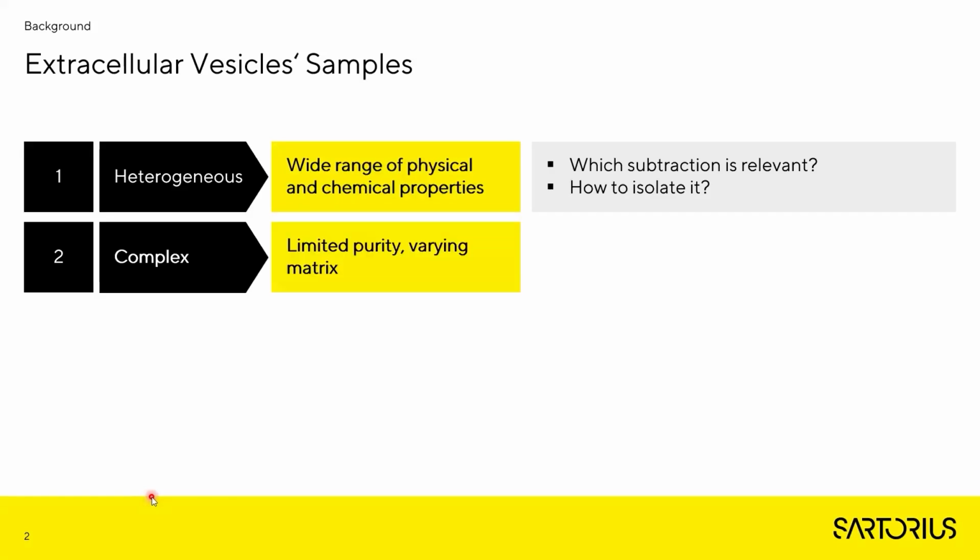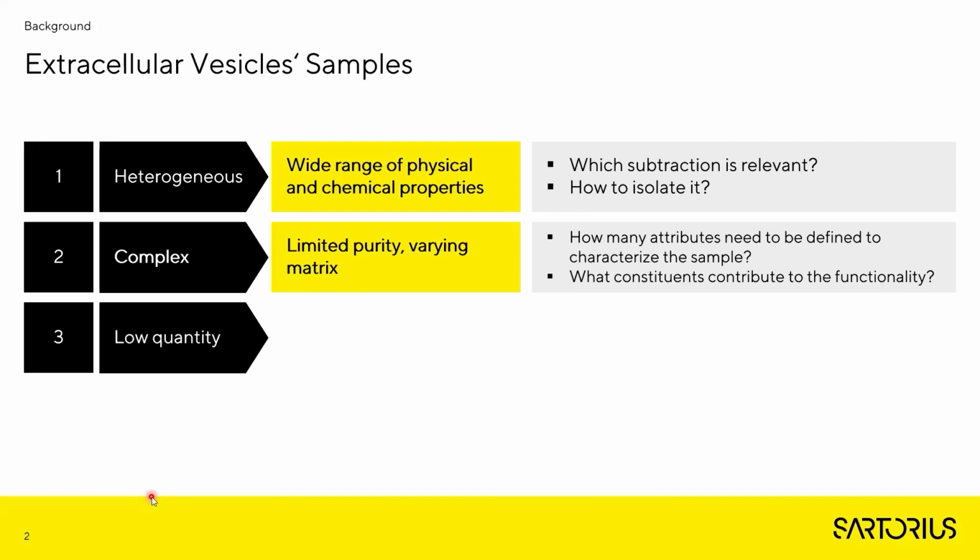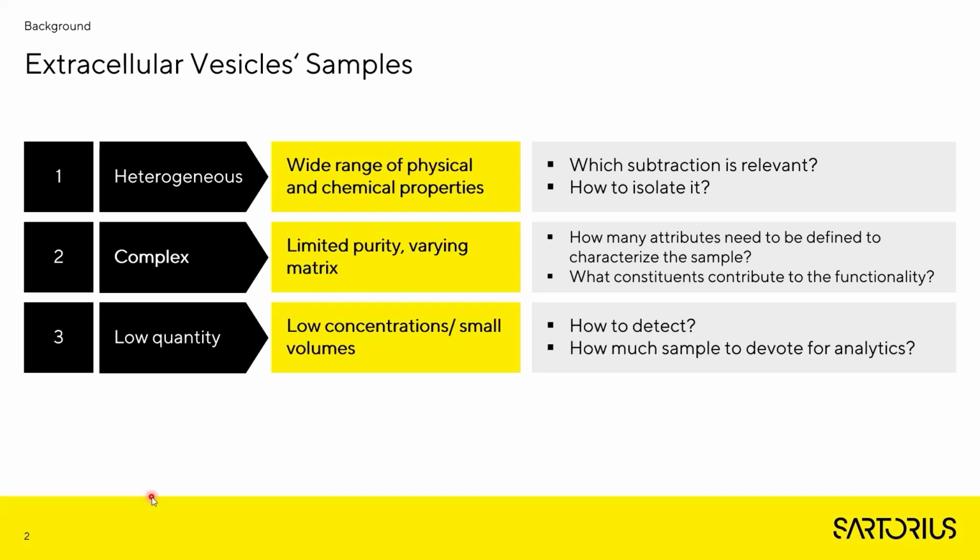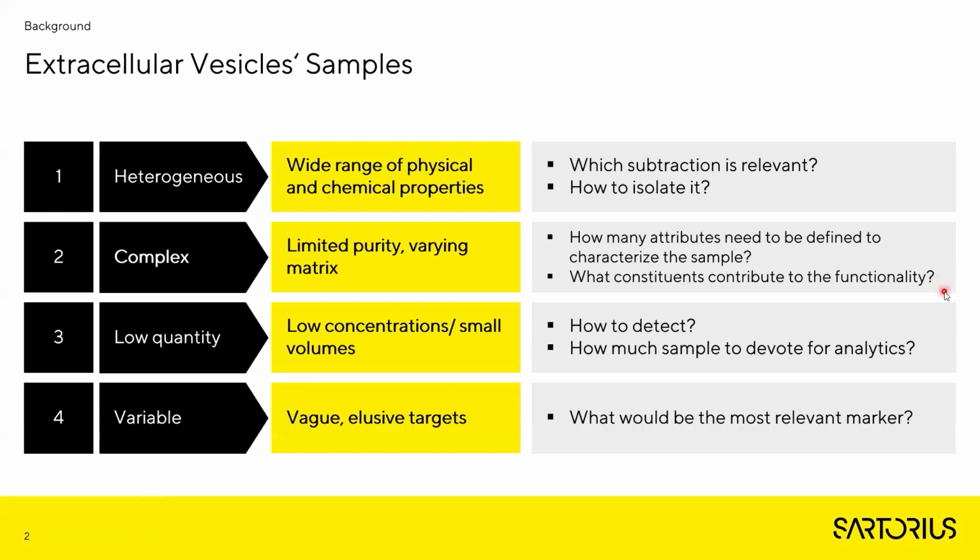So some basic features of EV samples include that they are normally heterogeneous, complex. There is never enough of the samples for all the experiments that are wanted to be made, and the samples are very variable. So the questions are always open. What are all the particles in the samples? Which subfraction of this heterogeneous population is relevant?